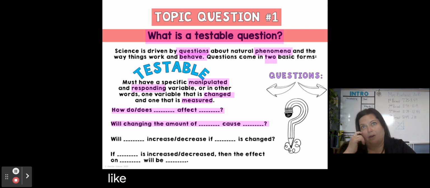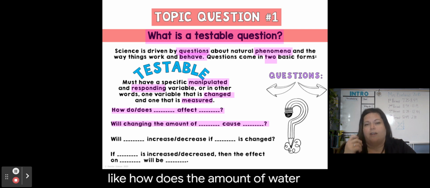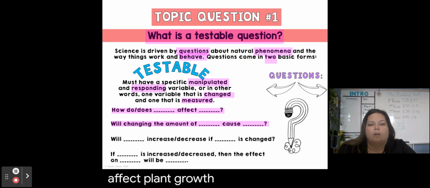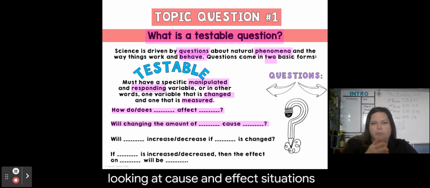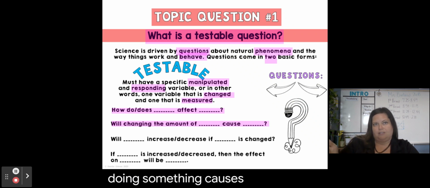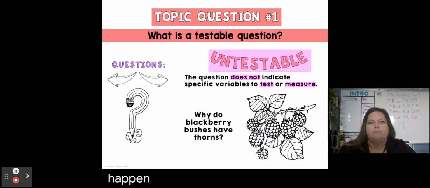For example, how does the amount of water affect plant growth? Or, will changing the amount of soil in a pot cause the plant to die? We're looking at cause and effect situations. Doing something causes something to happen.